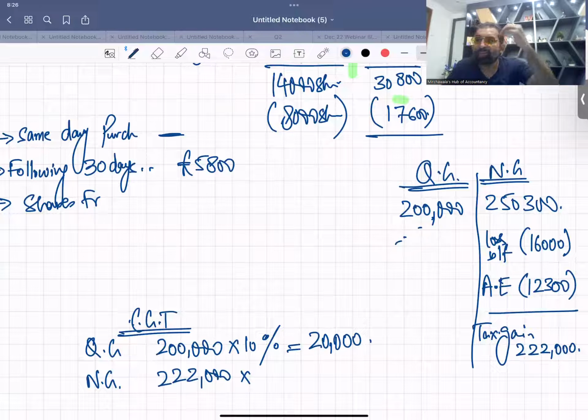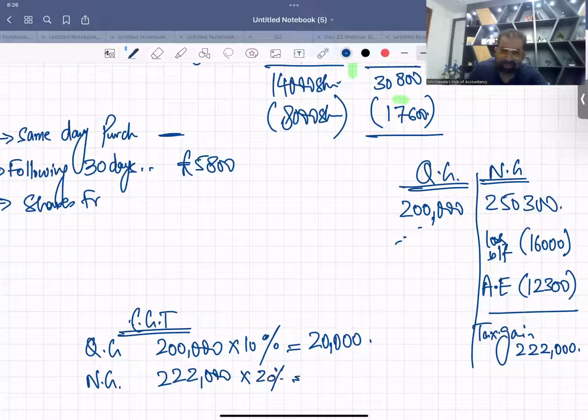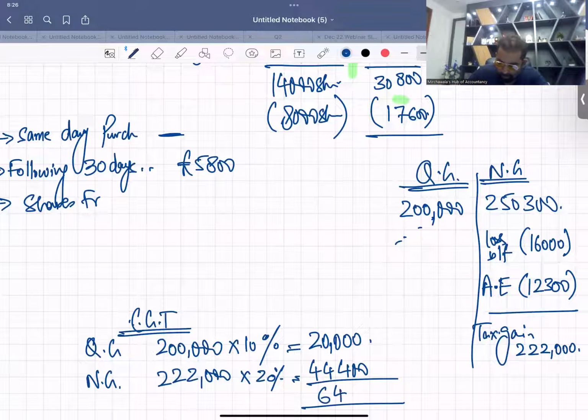Very good, because the first band, which is 37,700, is totally consumed by QG. So you write 20%, which is 44,400. So the final answer will be 64,400, your total CGT.